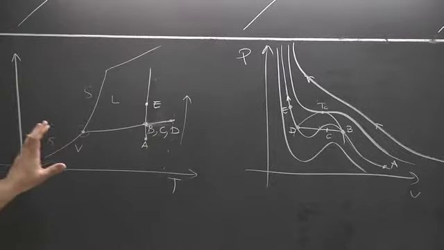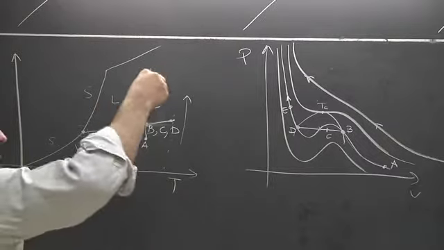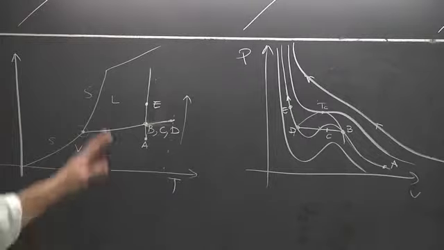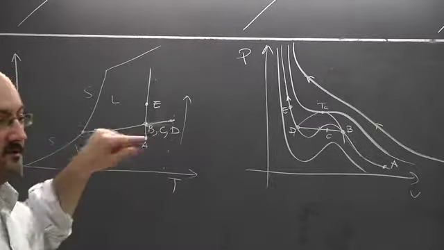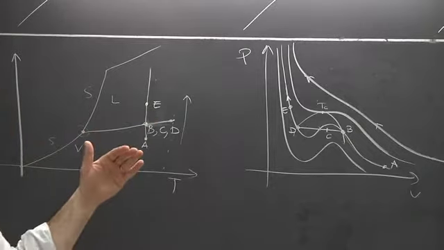So if you add a third axis to this diagram, you put the volume, then you see that essentially what you're doing is this, and then you move like this, and then come up like this. But if you don't see the third axis, these points coincide. So this is the line of coexistence.